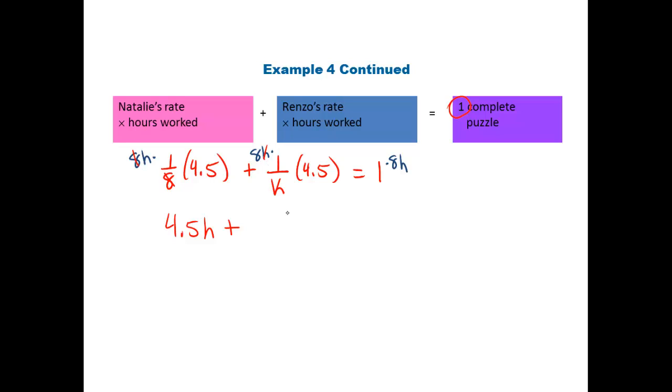This H is going to cross out, so we need to do 8 times 4.5, which is 36, equals 8H. Okay, so let's subtract the 4.5H. We get 36 equals 3.5H. Divide by 3.5, and we get H equals 10.3 hours.